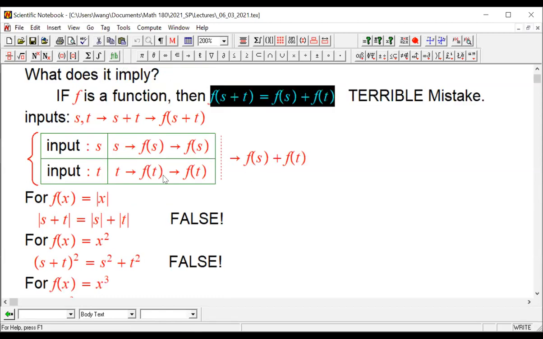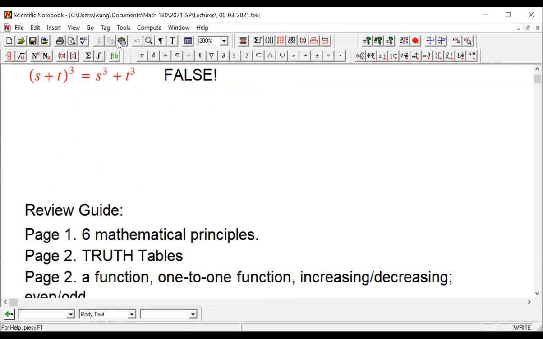all the functions we have talked about, what's the implication? If the function we talk about is, say, e, that means e^(s+t) is equal to e to the power s plus e to the power t.